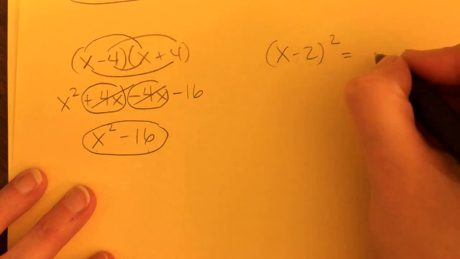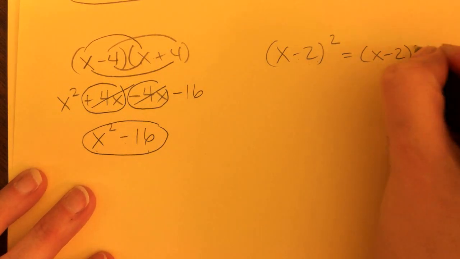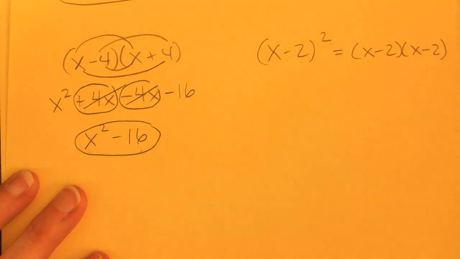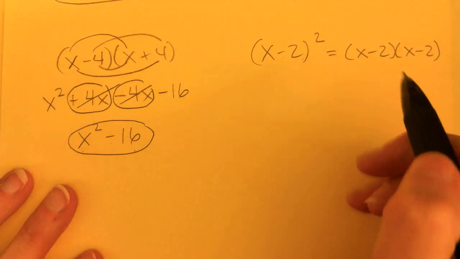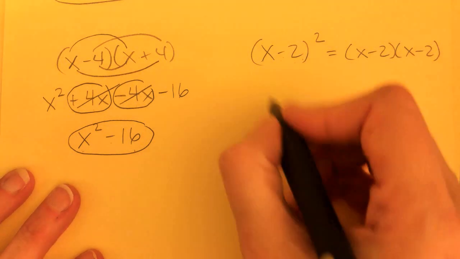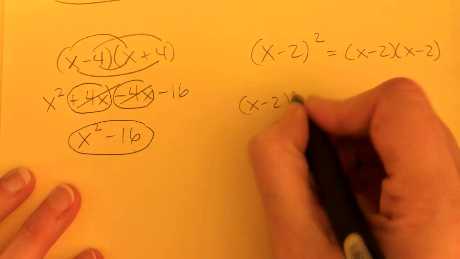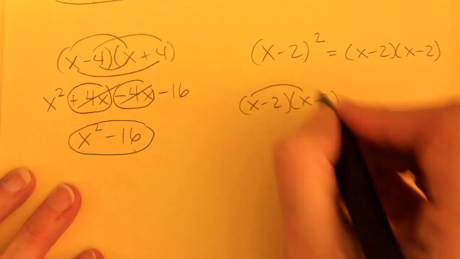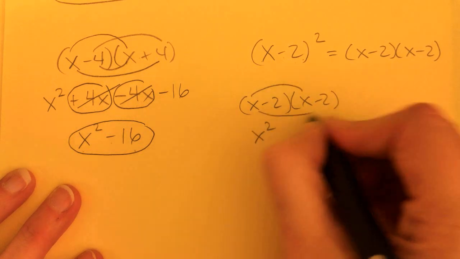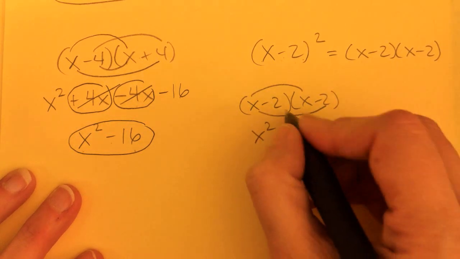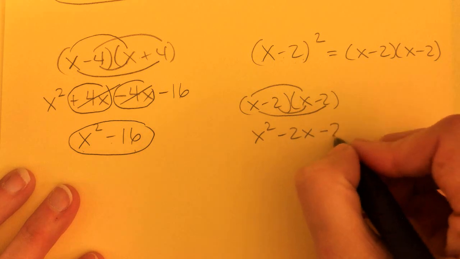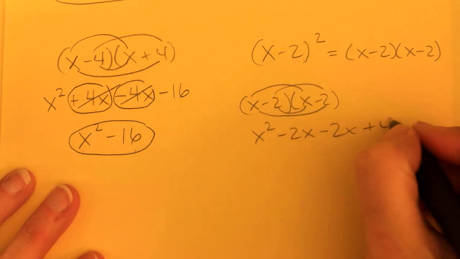What you need to do is immediately expand it out. And now you see you have two binomials. Well, x minus 2 times x minus 2: x times x is x squared. Negative 2 times x is negative 2x. Negative 2 times x is negative 2x. And negative 2 times negative 2 is plus 4.